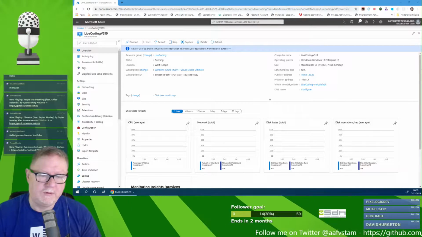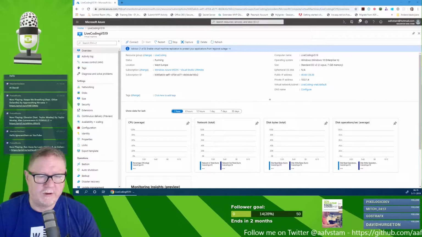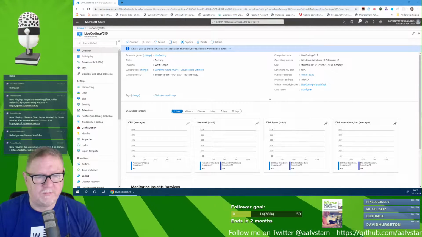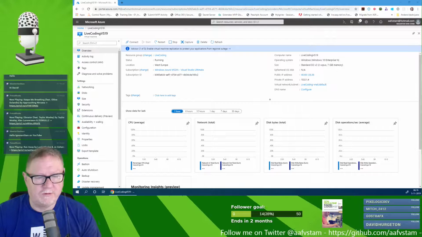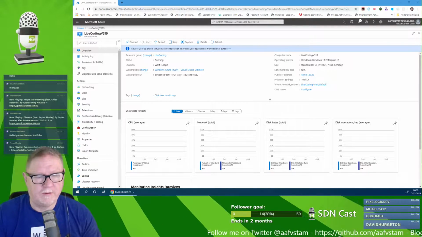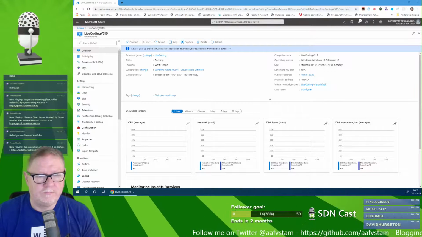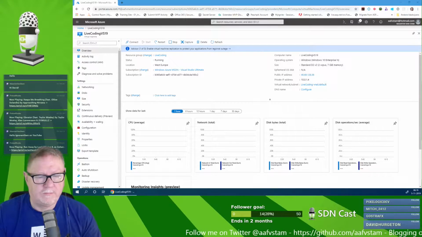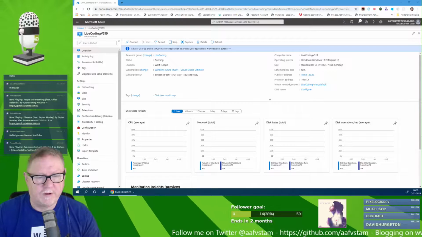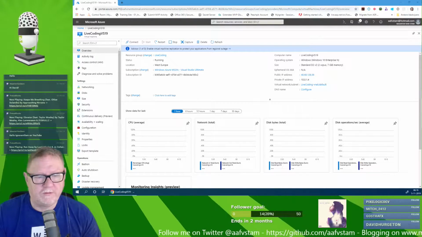No. Let's quickly see. 3, 4, and 5 are parallel. But in the meantime, also starting 6 and 7. 6 already returned. 7 ended after 3, 4, and 5. 3, 4, 5. 6 and 7 is the same.